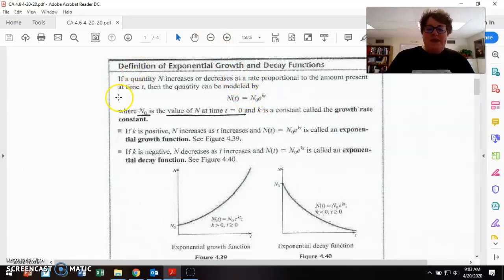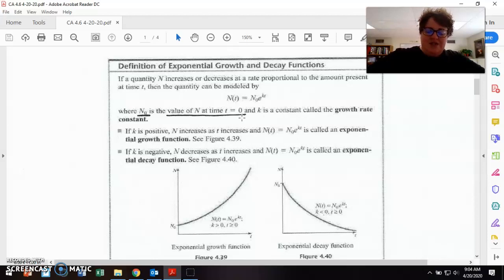Now, what those pieces mean: N naught is your starting value when t is equal to 0. So it's your starting population, or whatever you're starting with, whatever you're looking at for growth and decay, it's your starting point. K is a constant.